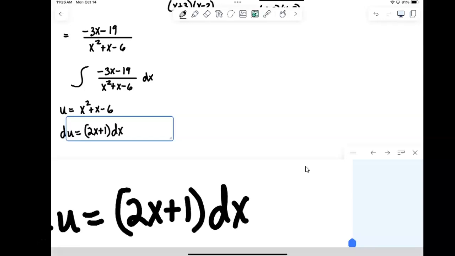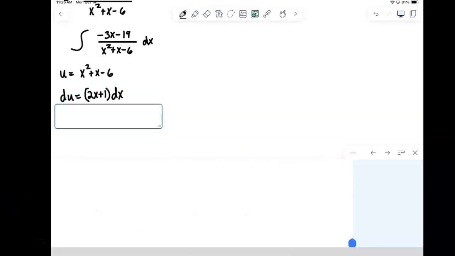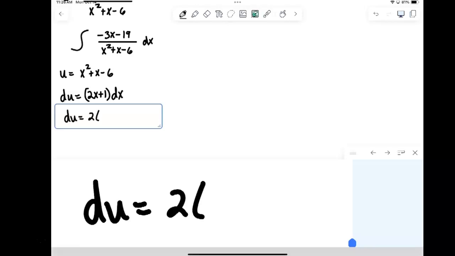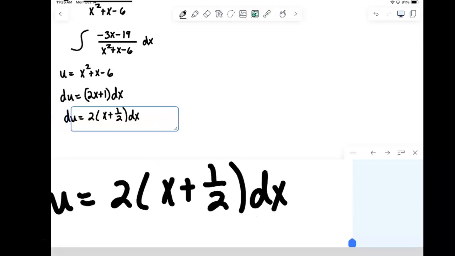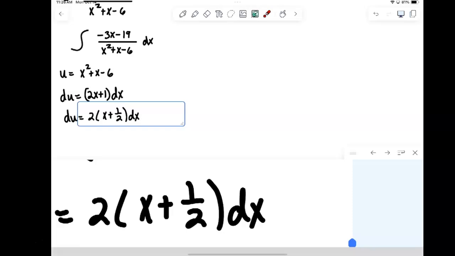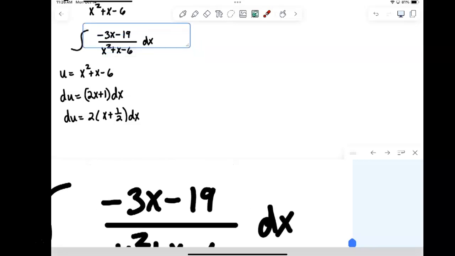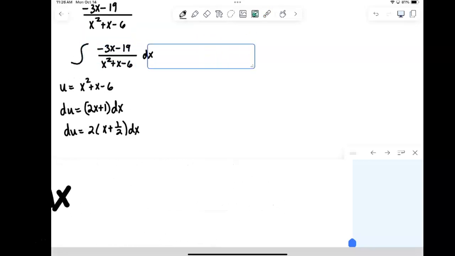Now I'm going to rewrite that because of how I want to consider things, and say that du is equal to 2 times x plus 1/2 dx. Because then I can go up here and say, okay, the 2 part, no issue. I just need to have an x plus 1/2 variable part up here. And I can actually do that as follows.